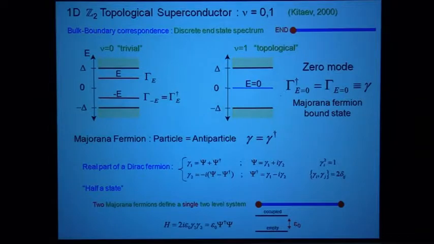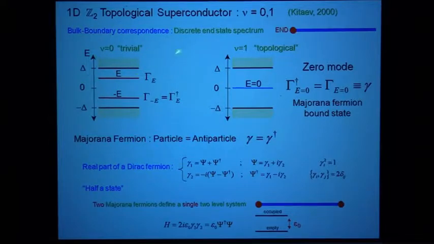If I have a superconductor with an energy gap, then it's always possible that I could have states inside the energy gap, and these states are then exponentially localized at the end.